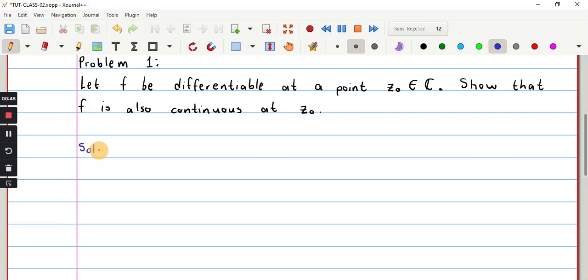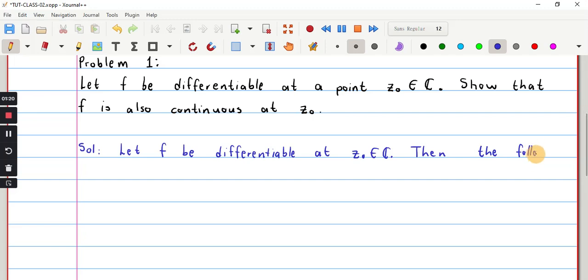For our solution, this is what we are given. We are going to assume that f is differentiable at z0. Let f be differentiable at z0 in the set of complex numbers. If f is differentiable at z0, then the following equation holds.